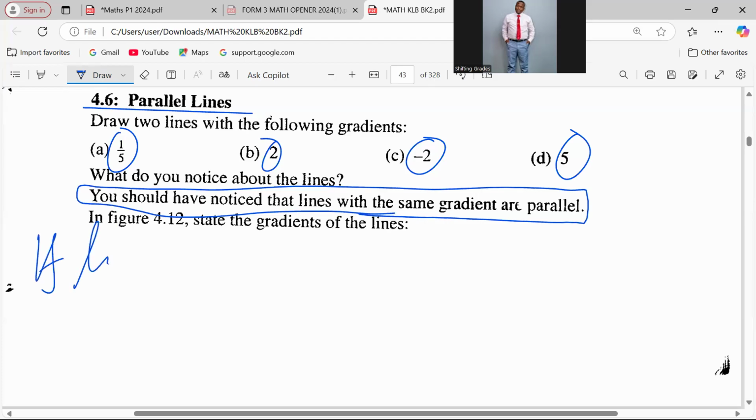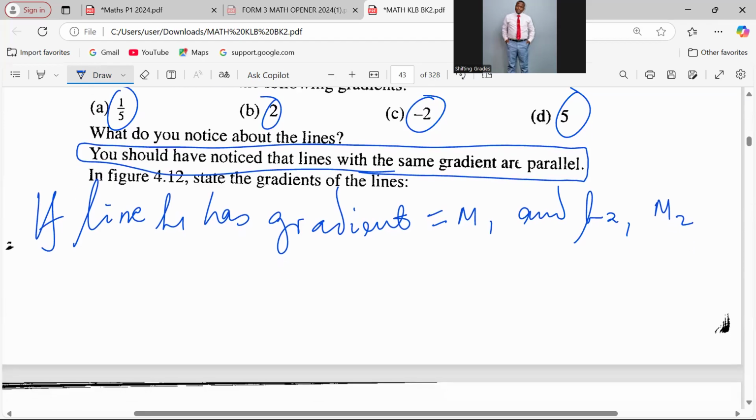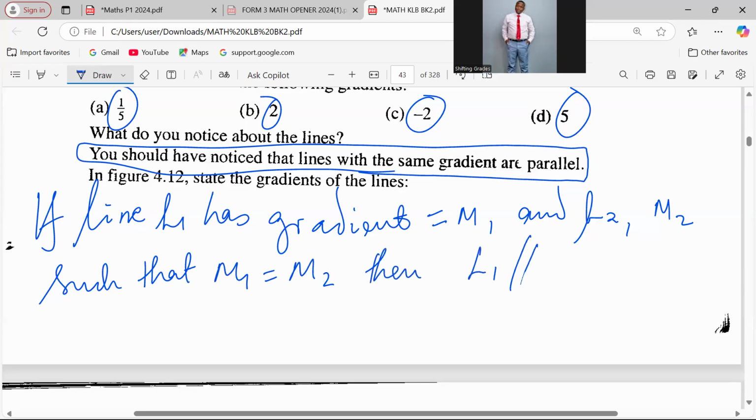If line L1 has gradient M1 and L2 has gradient M2, such that gradient 1 equals gradient 2, then line 1 is parallel to line 2.